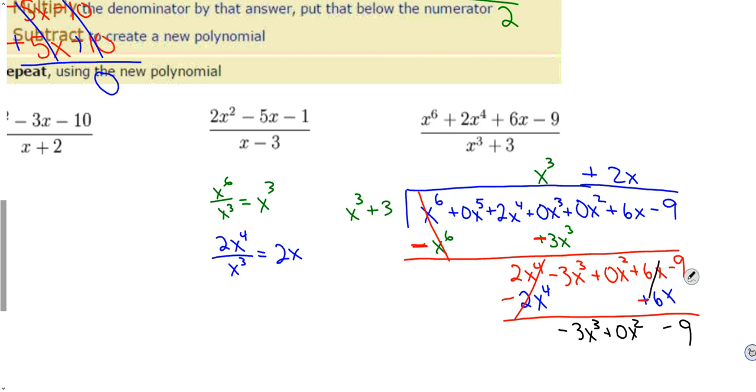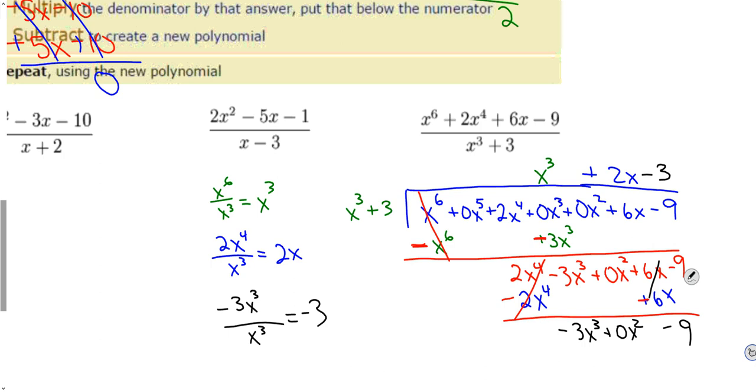And then I try it one more time. So the first one from the inside, I got negative 3x cubed. I put x to the 3rd on the bottom, so that gives me negative 3. So I'll put my negative 3 here. Every time you put something on top, you distribute.